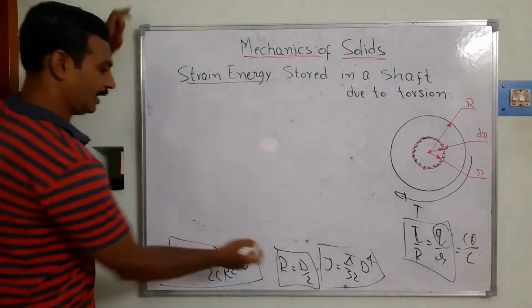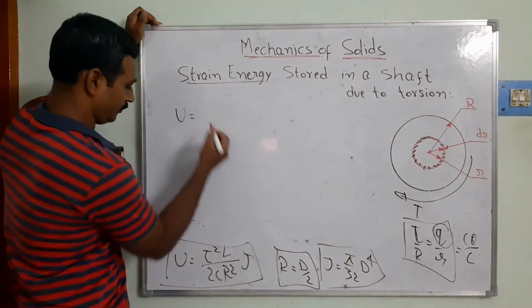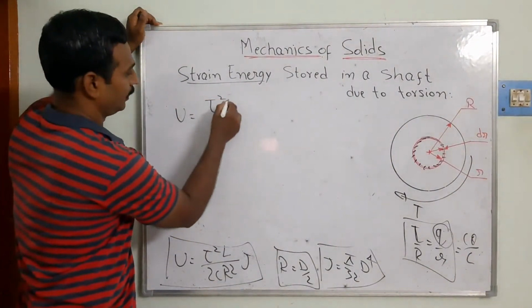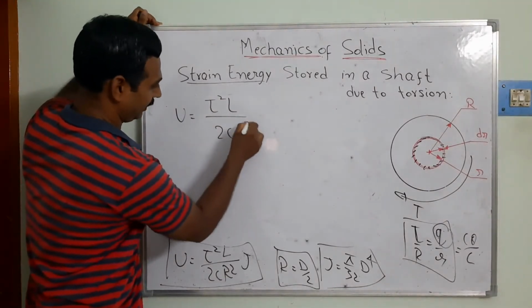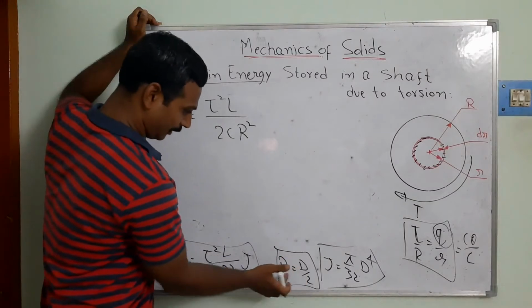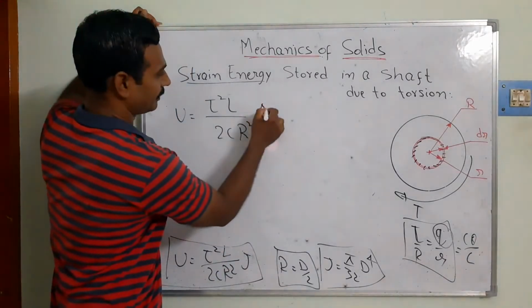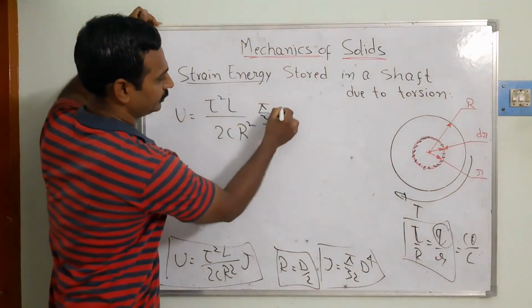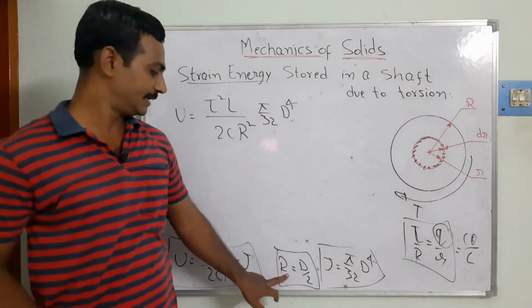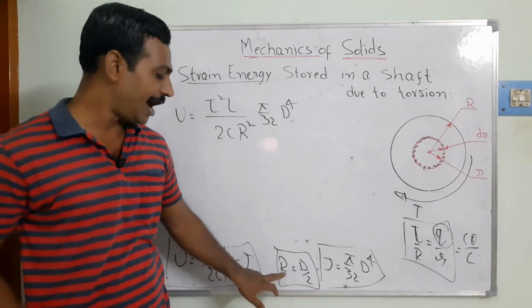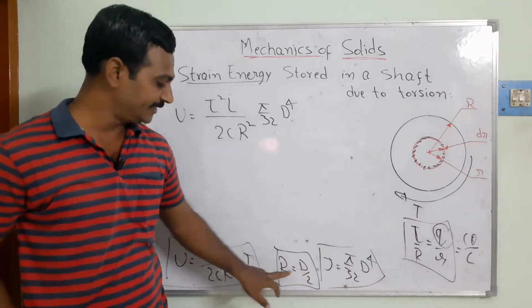Now substituting in this equation, U is equal to tau square L, where L is constant, by 2C R square, and J is equal to pi by 32 D to the power of 4. I can take this as a reference, and R is equal to D by 2, so D is equal to 2R.